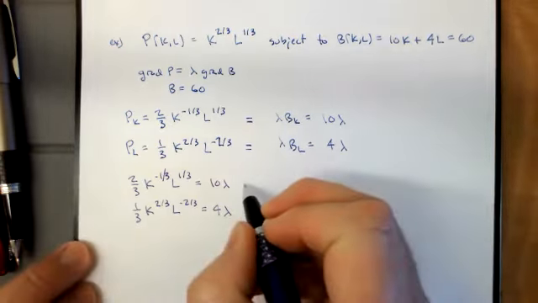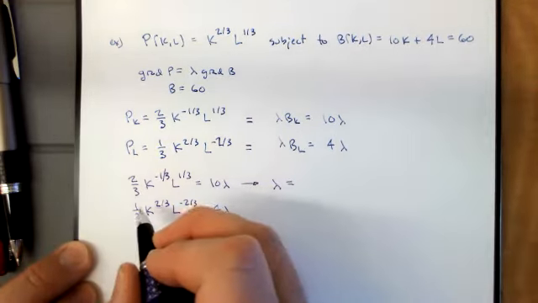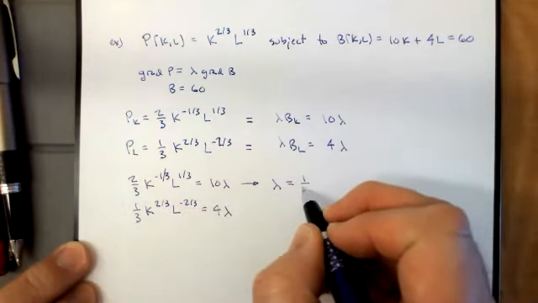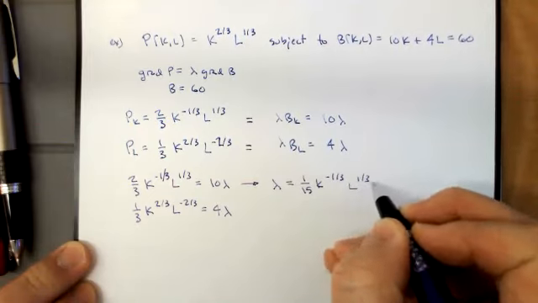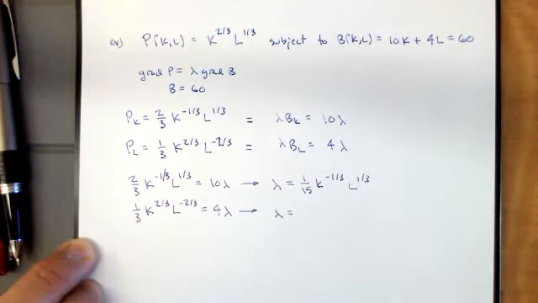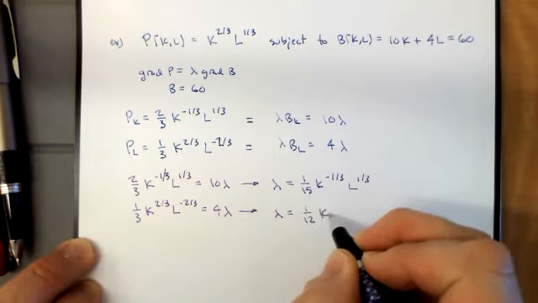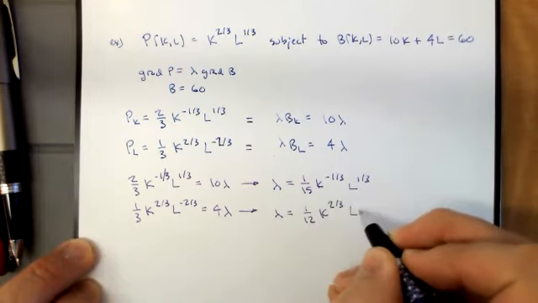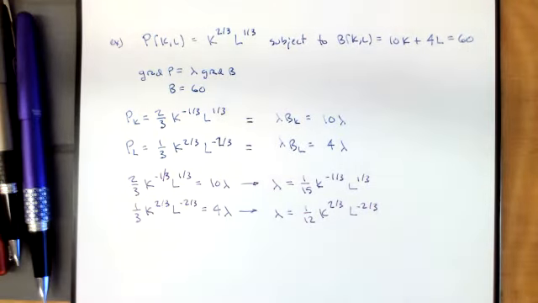So I can take this first one and say that lambda is, let's see, divide by 10, so 1/15 K to the negative 1/3, L to the 1/3. I'll solve for lambda in the second equation to get 1/12 K to the 2/3, L to the negative 2/3. So what we're doing is solving for lambda in one equation and plugging it into the other equation.